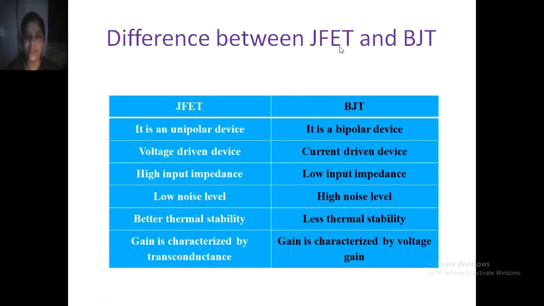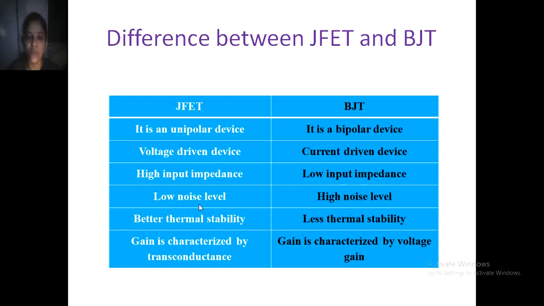Then let us see the difference between the junction field effect transistor and the bipolar junction transistor. JFET is a unipolar device, whereas BJT is a bipolar device. JFET is a voltage driven device, whereas BJT is a current driven device. In a JFET, input impedance is high, and in a BJT the input impedance is low.